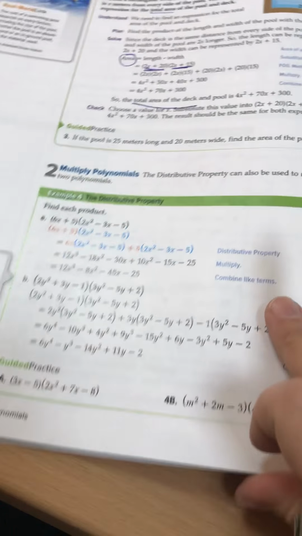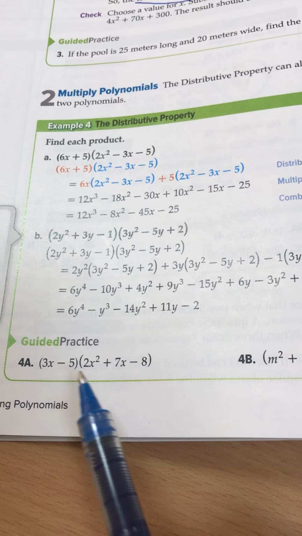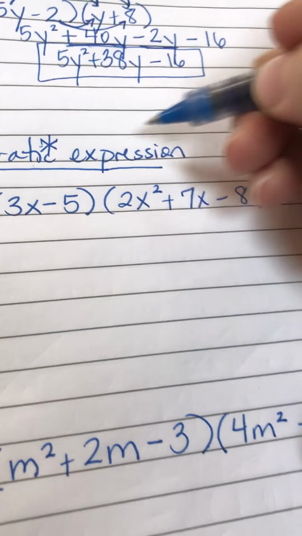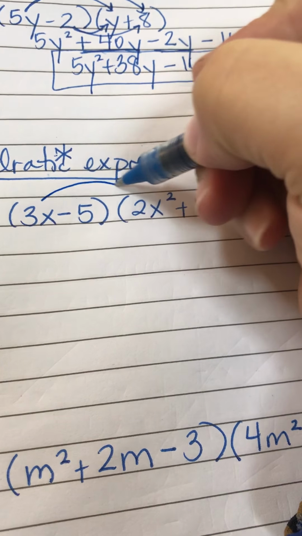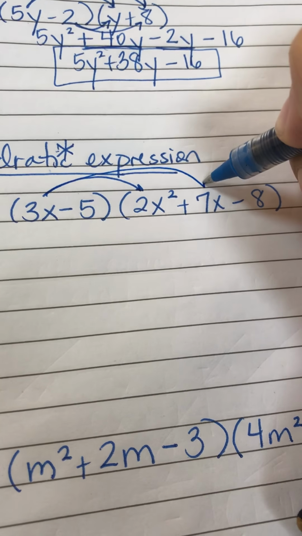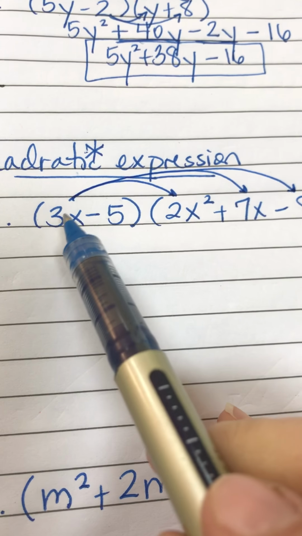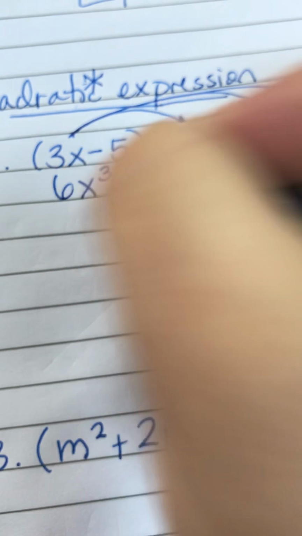Okay, moving on to this bottom part, these are binomials times trinomials. When you're multiplying a binomial and a trinomial, the process is the same, it's just a little longer because you're multiplying by 3 terms instead of just 2. First we're going to multiply the 3x by each term in the trinomial. So 3x multiplied by 2x squared would give me 6x to the 3rd power.